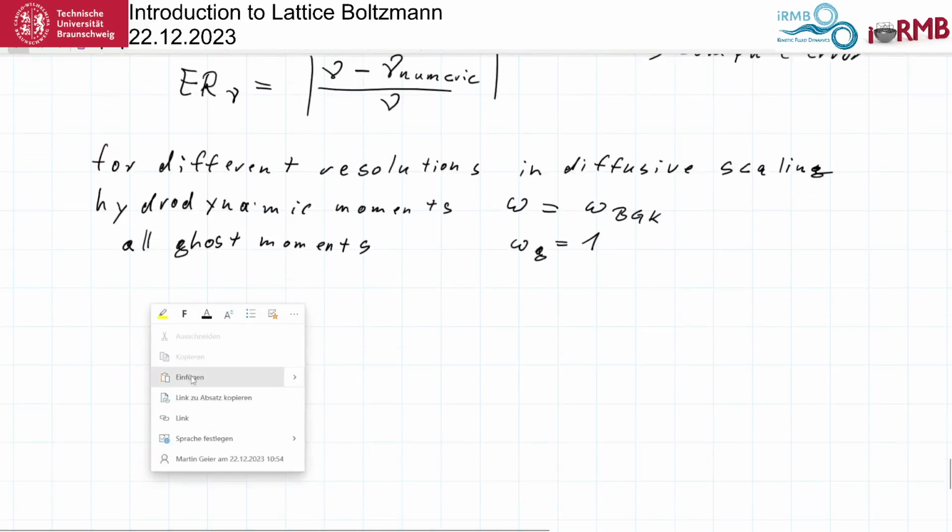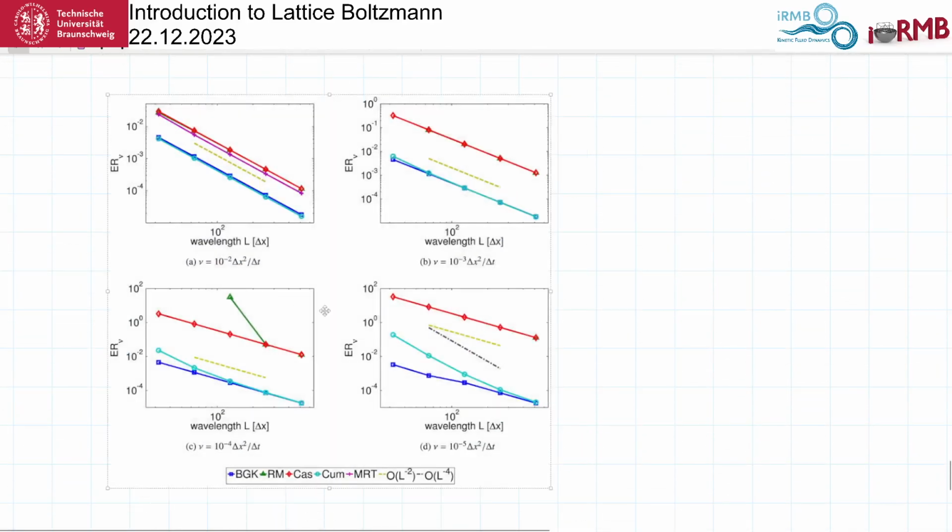Okay, so these are different methods that were used here, and what we did is, for different viscosities and for different resolutions, we observe that we usually get second order accuracy with this. Now there's a cumulant method in this. This is something that we learn later. There's a BGK method. There's a cascaded method. We are not talking about this.